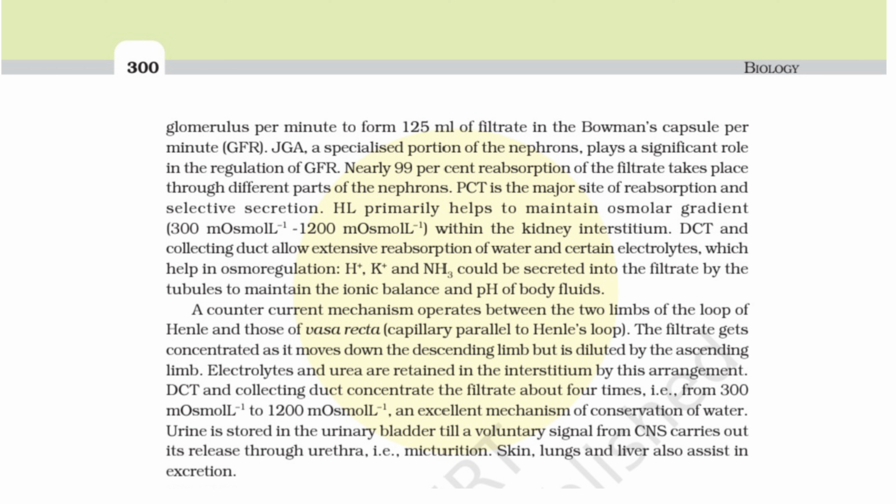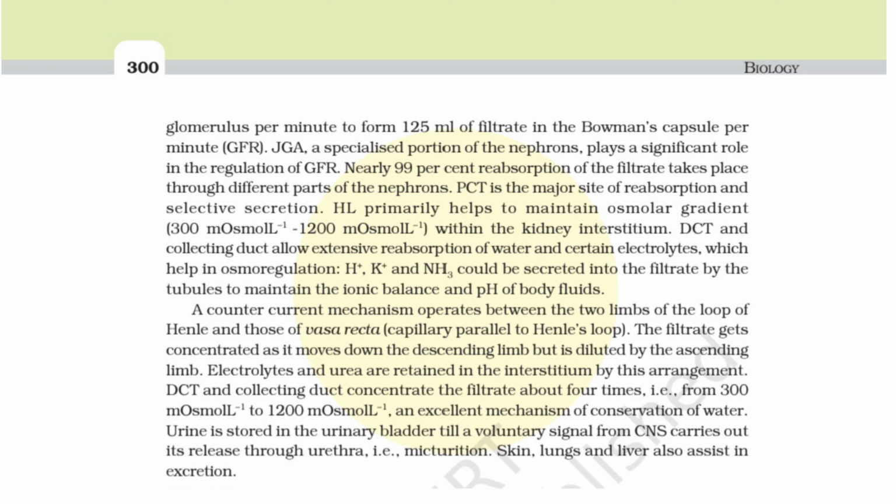JGA, a specialized portion of the nephrons, plays a significant role in this regulation of GFR. Nearly 99% of reabsorption of the filtrate takes place through different parts of the nephrons. PCT is the major site of reabsorption and selective secretion.